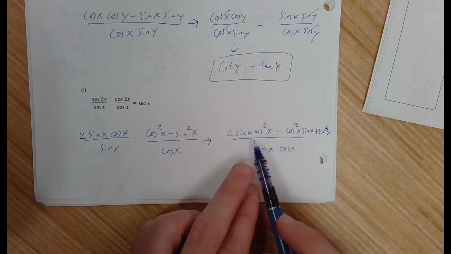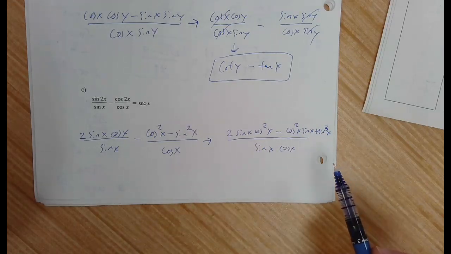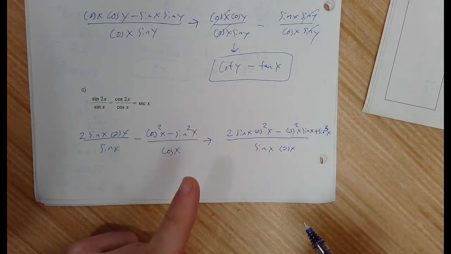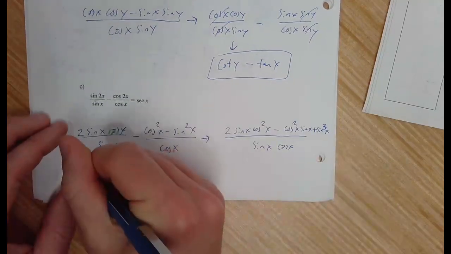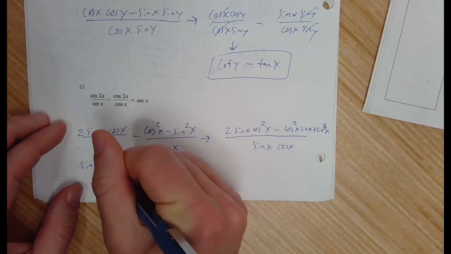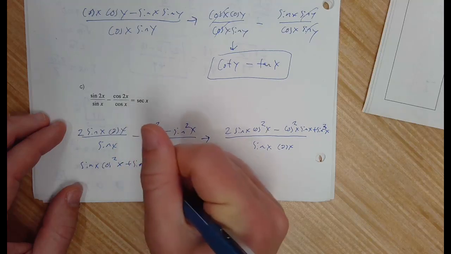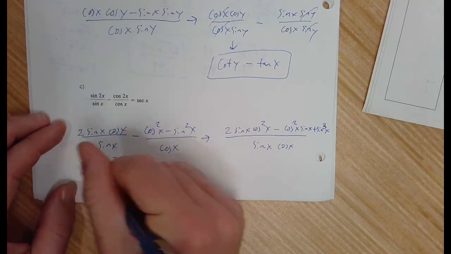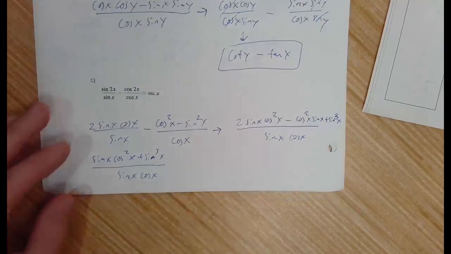These two are the same term, so this is just going to combine into a single one. This is what we have now. I'm going to write it over here. We have a single sine x cosine squared x plus sine cubed x over sine x cosine x.